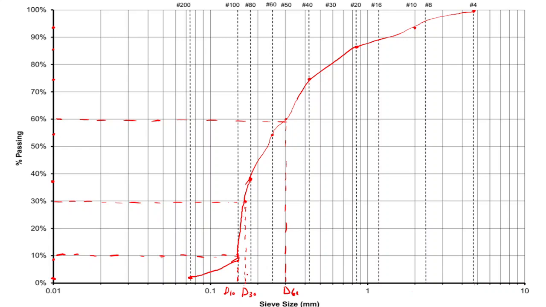I think, 0.155. Yeah, that's what it reads.